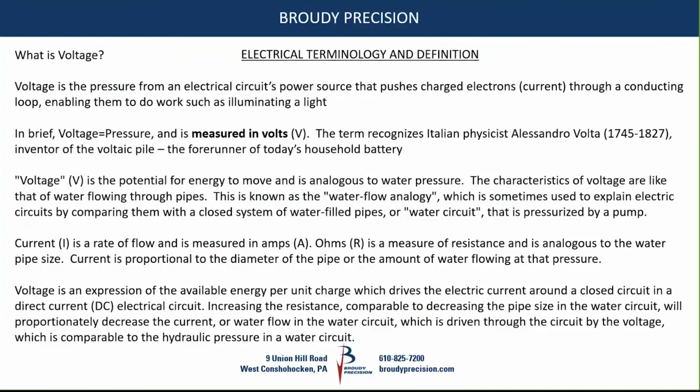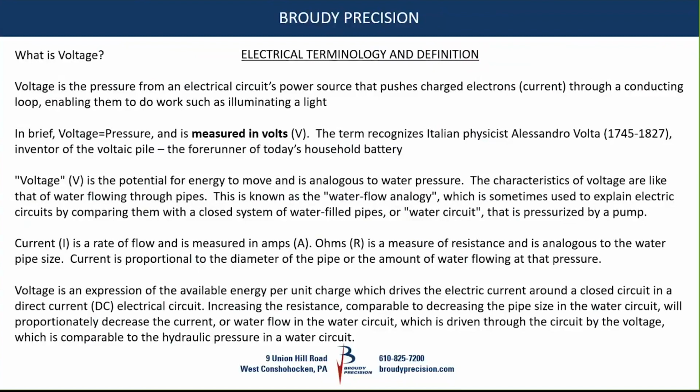So current is the rate of flow that's measured in amps, okay? Ohms, which is a measure of resistance, is analogous to the pipe size of the water that's flowing. The current is proportional to the diameter of the pipe or the amount of water flowing at that pressure.